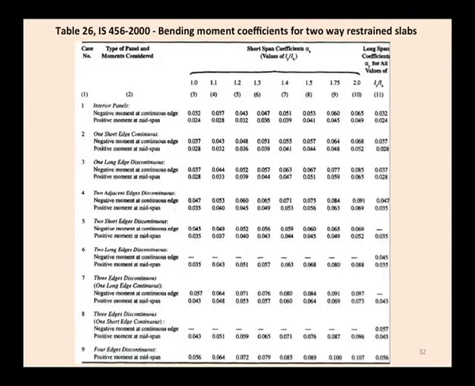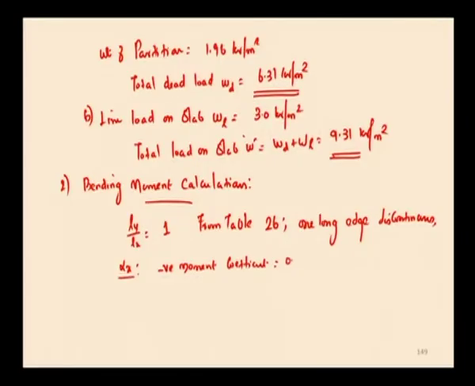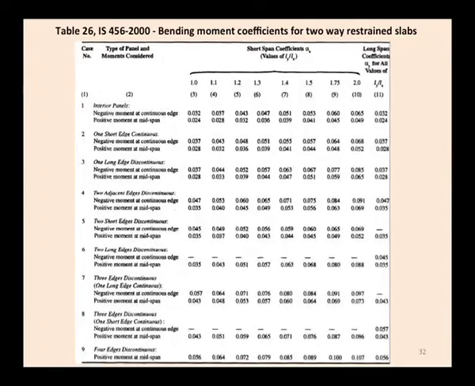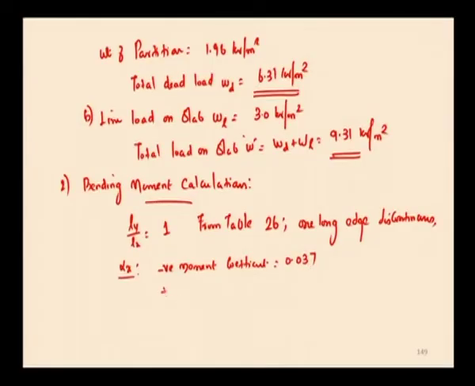Negative moment coefficient alpha x for one long edge discontinuous is 0.037. Next, positive moment coefficient at mid span is 0.035. There are two moment coefficients along x direction.